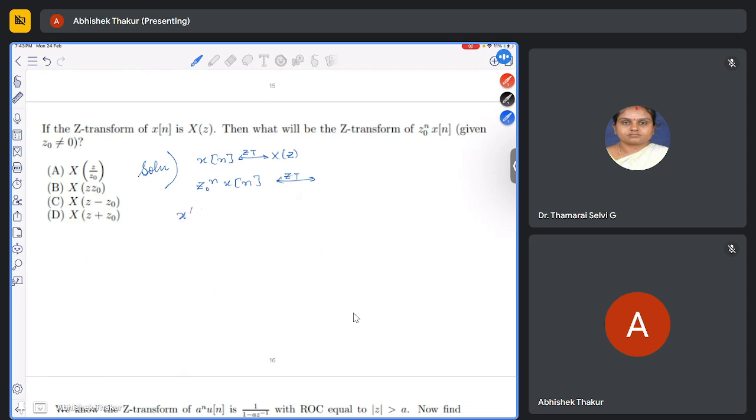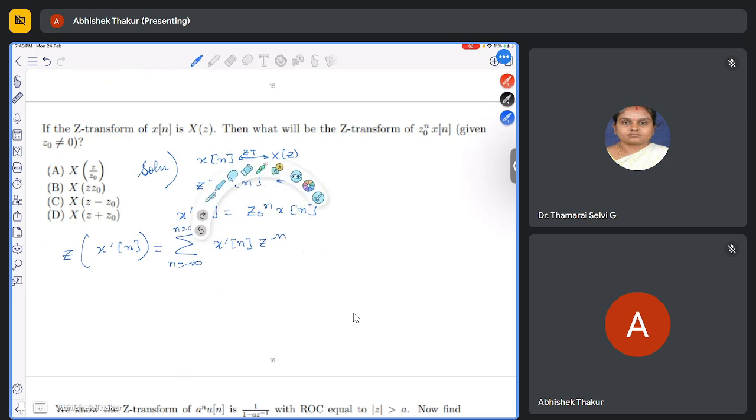So let's suppose x dash of n is equal to z naught to the power of n times x of n. So the Z transform of x dash of n will be the summation, using the definition of Z transform.